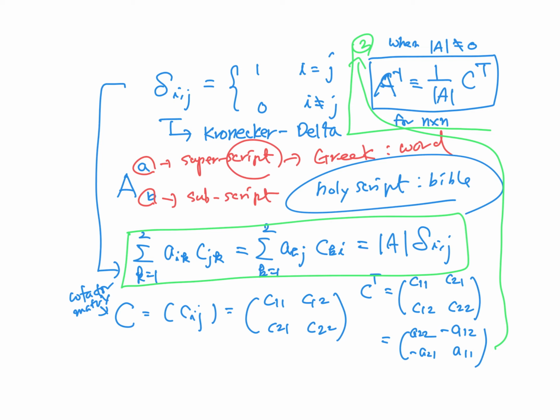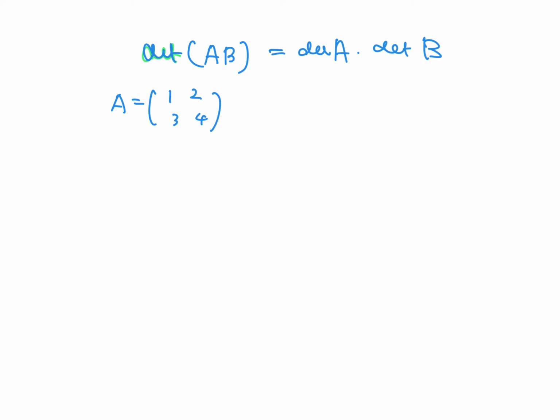Another property is that the determinant of the product is the same as determinant A times determinant B. So say A is 1, 2, 3, 4, B is 5, 6, 7, 8.